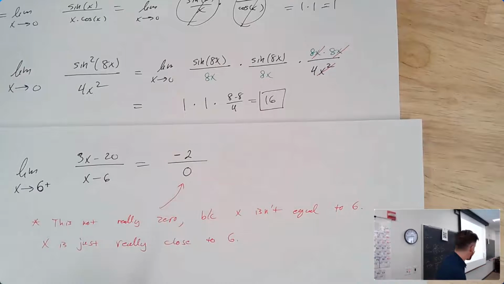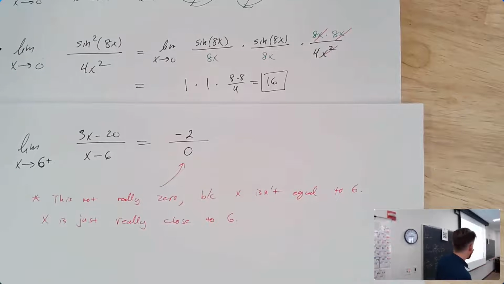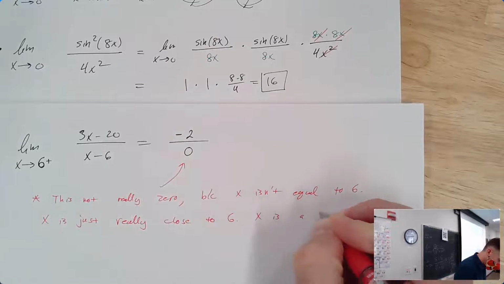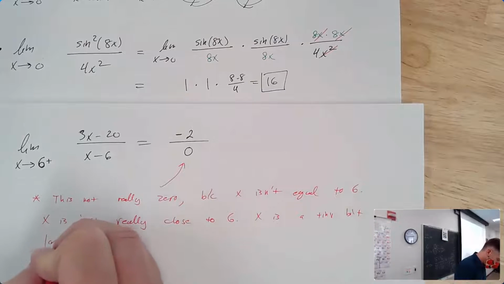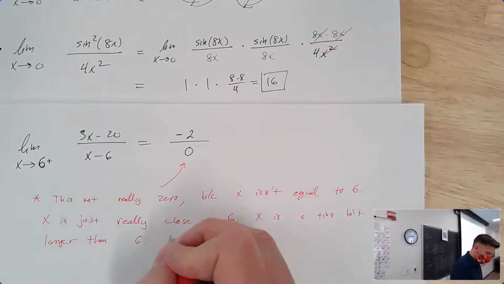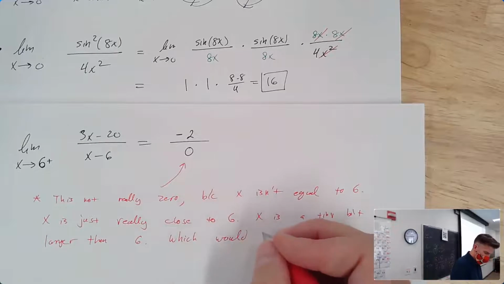Now, in this particular case, the value of x is a little bit larger than 6, because we're approaching 6 from the right. x is a tiny bit larger, which would make the denominator slightly positive or slightly negative.